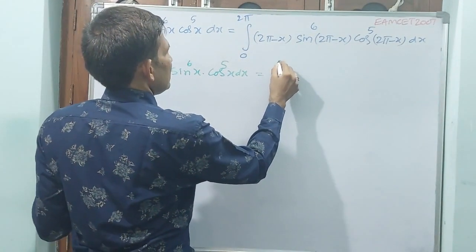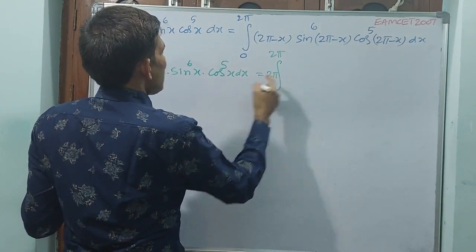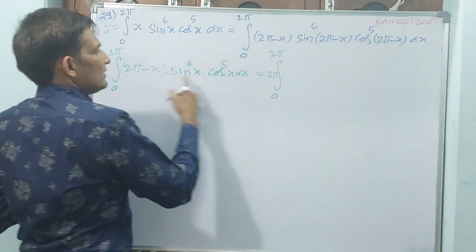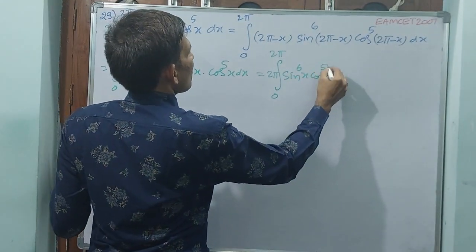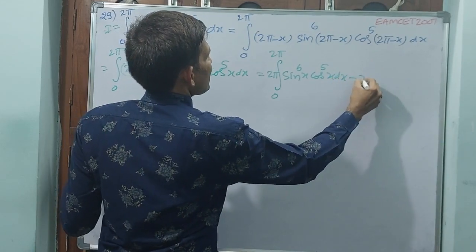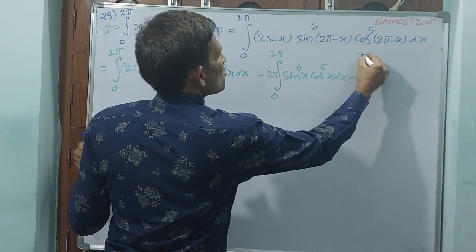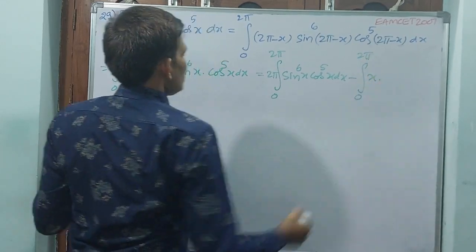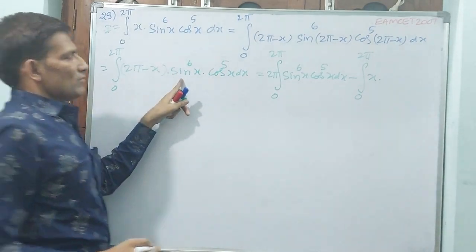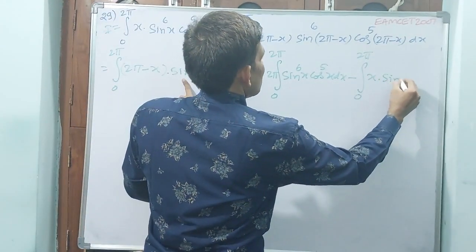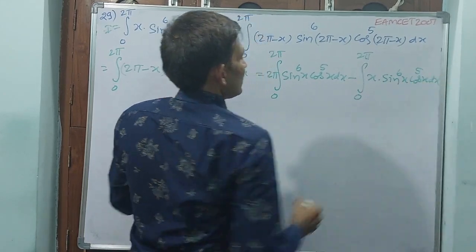Integral 0 to 2 pi, 2 pi I will take outside, then sin to the power of 6x cos to the power of 5x dx, minus integral 0 to 2 pi x into sin to the power of 6x cos to the power of 5x dx.